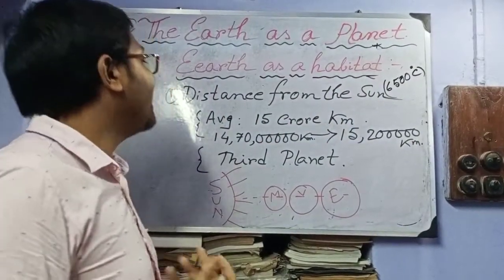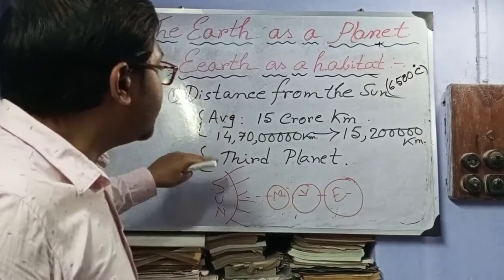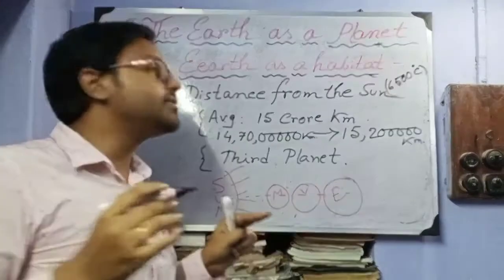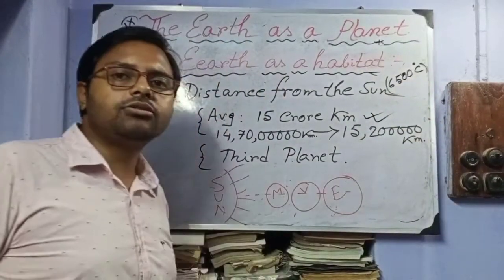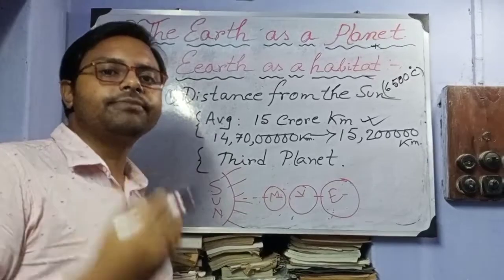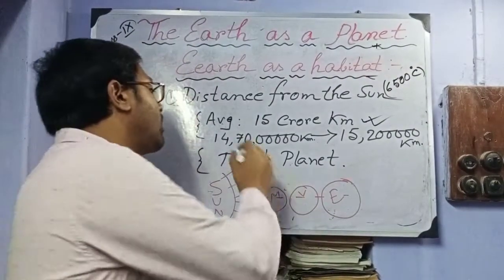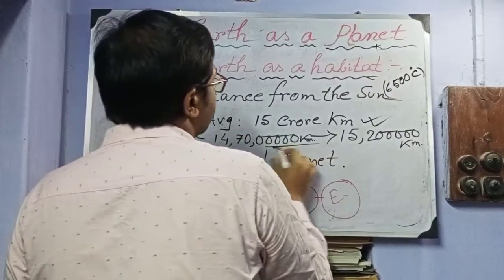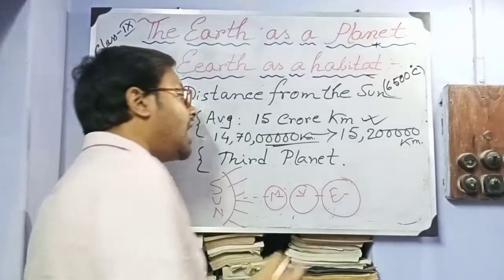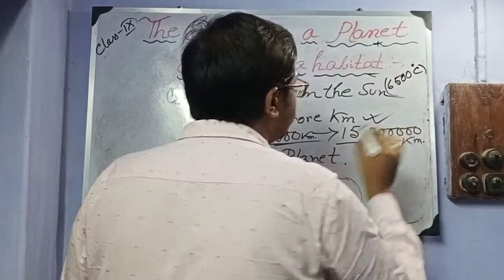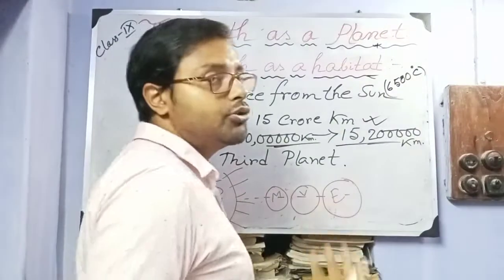The earth's average distance is 15 crore kilometers, but it varies twice in a year: 14 crore 70 lakh kilometers during the aphelion situation on 3rd January and 15 crore 20 lakh kilometers during the perihelion situation on 4th June.